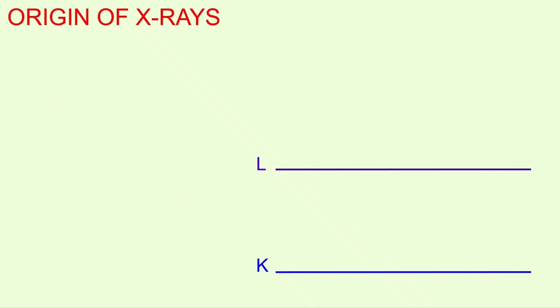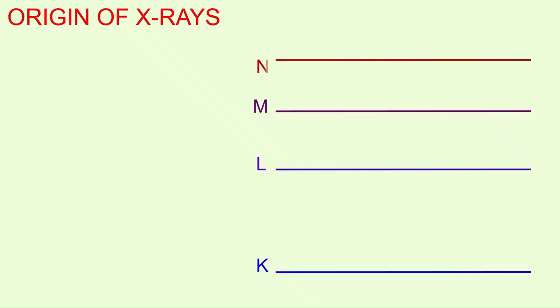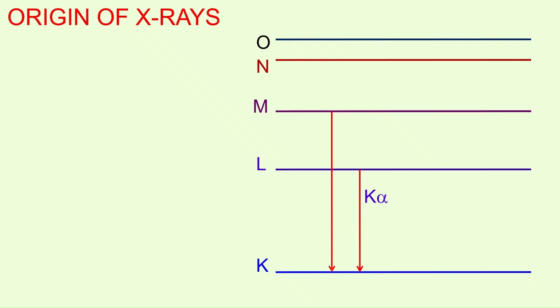Watch it on the energy level diagram, with energy levels K, L, M, N, and O. Note here how the lines K alpha, K beta, and K gamma are designated.